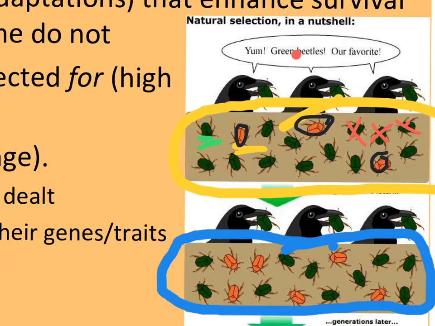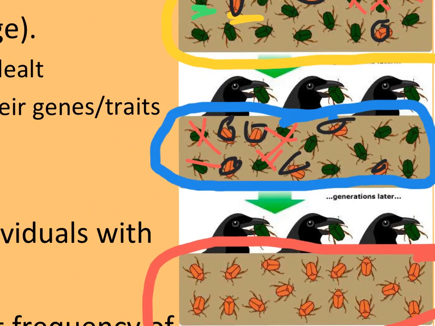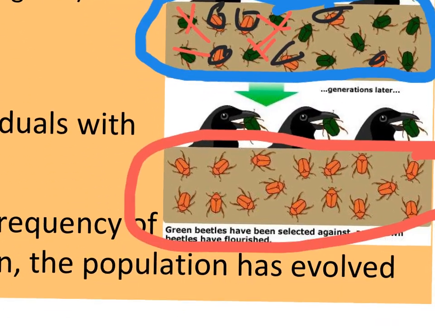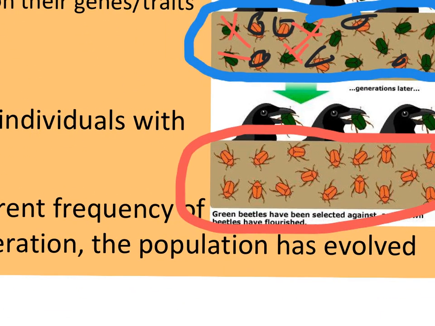Again, survival. More greens are taken away. In other words, individuals are being selected. And then finally, in the end, there are no greens. There are only individuals who survive because they are camouflaged in the background.